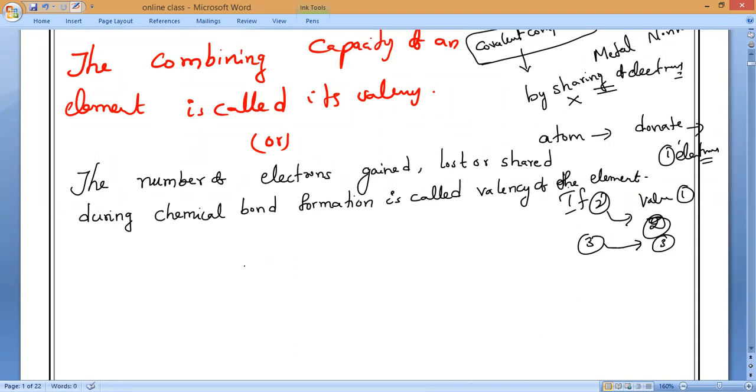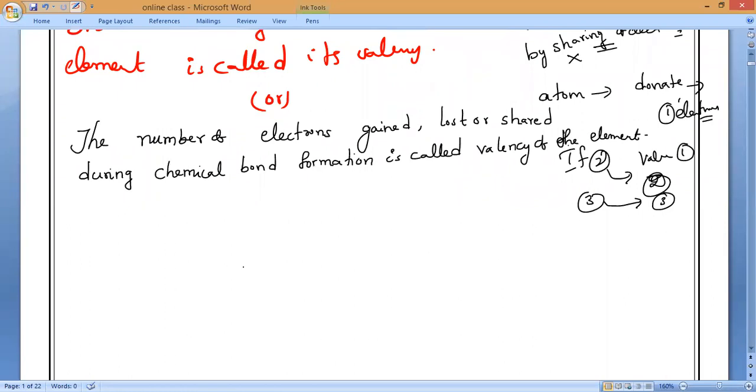Now, this valency only will decide how fast or how slow a metal or non-metal, whatever it is, will react. So based upon this valency, I can say how fast or how slow a given element is reacting.